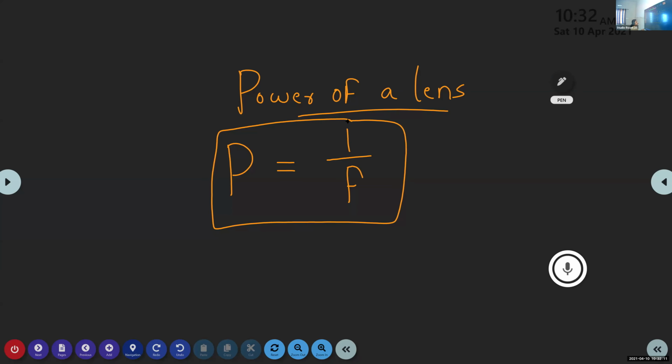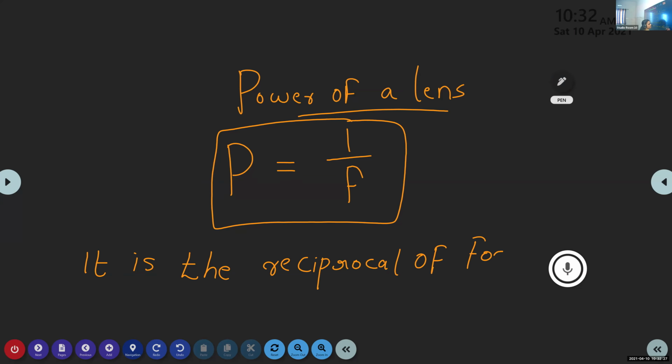What is the definition for power of lens? It is the reciprocal of the focal length. Power of lens is the reciprocal of focal length.